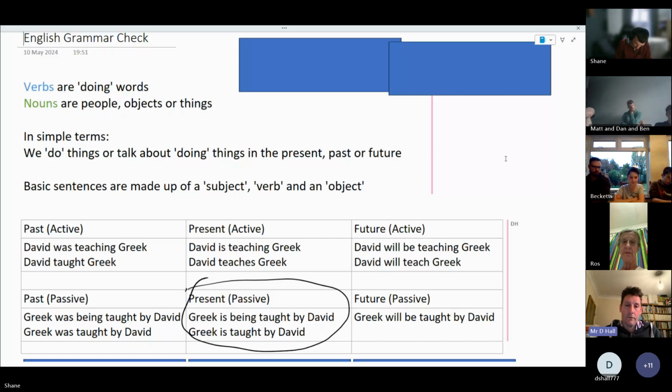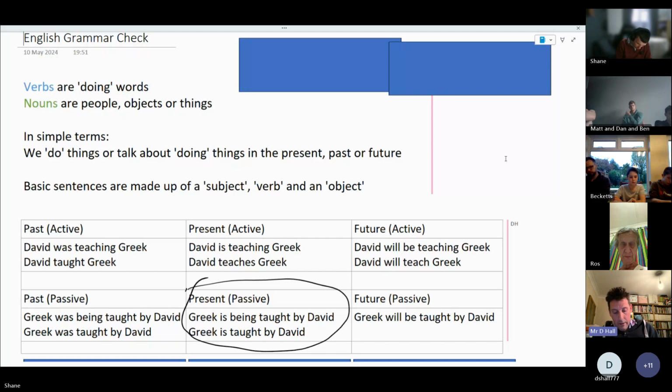That's a passive way of writing a sentence. So present passive just means that now the subject is essentially what the verb is being done to. So Greek is being taught by David. Or in the future, Greek will be taught by David. So it's future passive because David is the one who will be doing the teaching.